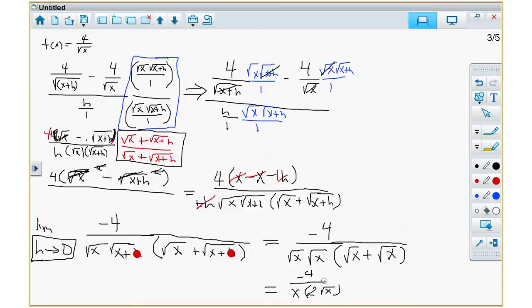What else cancels? The 4 and the 2 cancel, which leaves a 2 here. And that's equal to negative 2 over x square root of x.